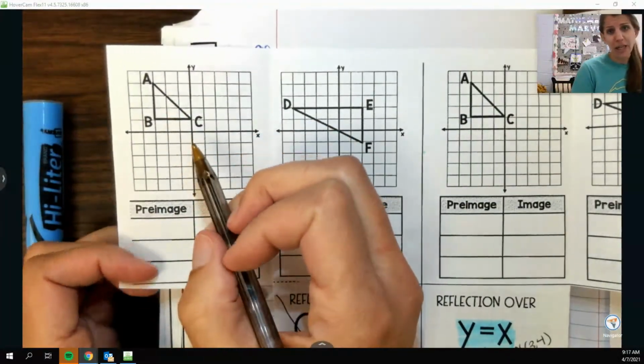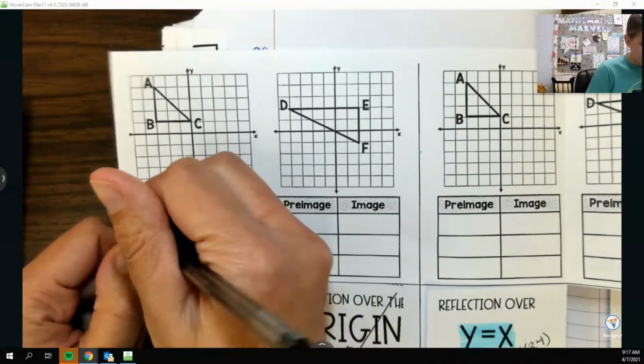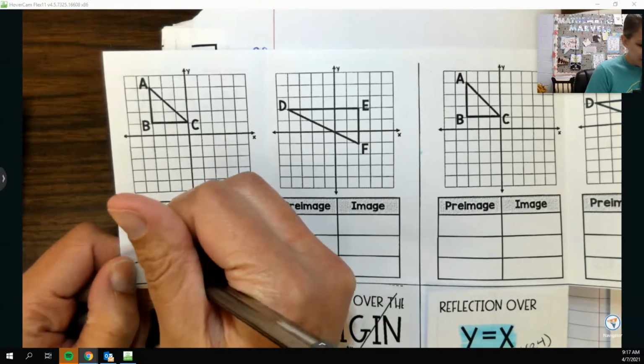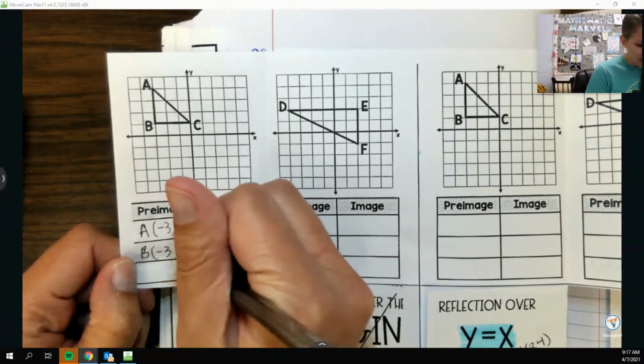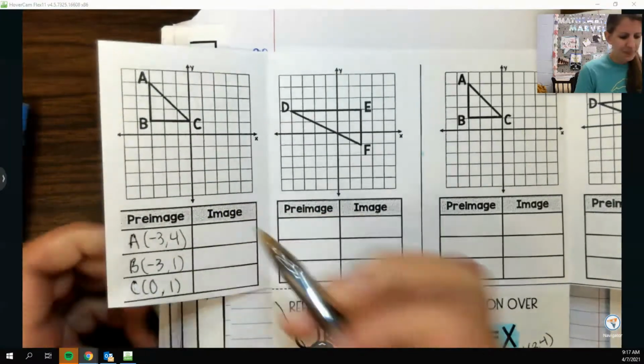So for this first one here, one way that I like to think about it is I like to write down my pre-image. So A is at (negative 3, 4), B is at (negative 3, 1), and C is at (0, 1).